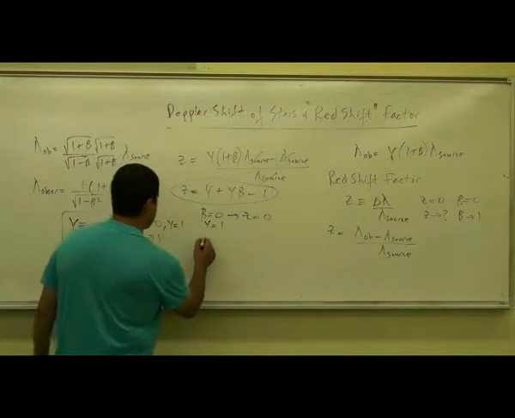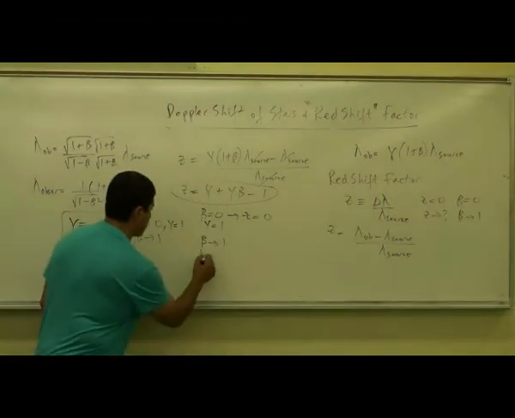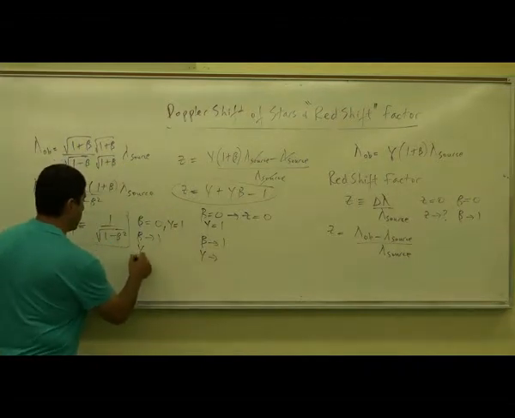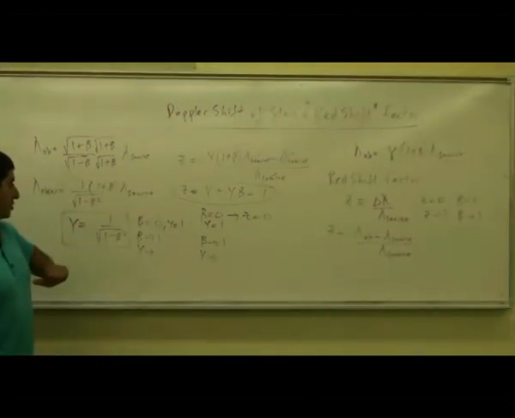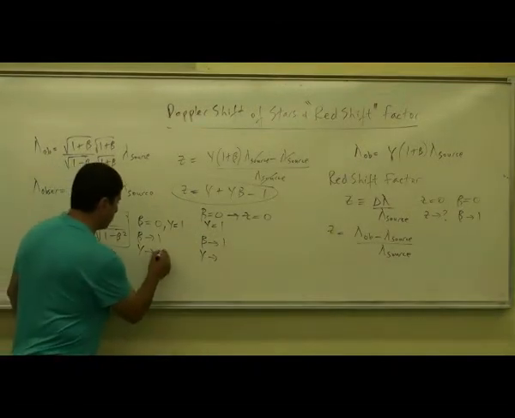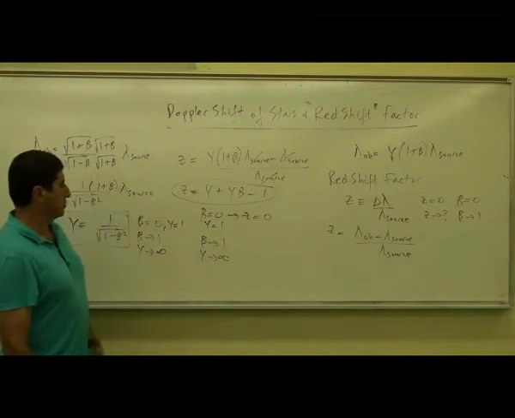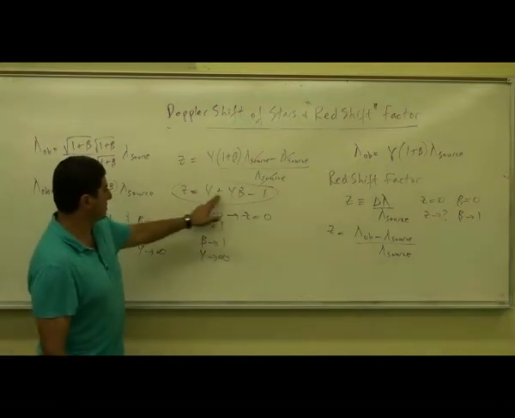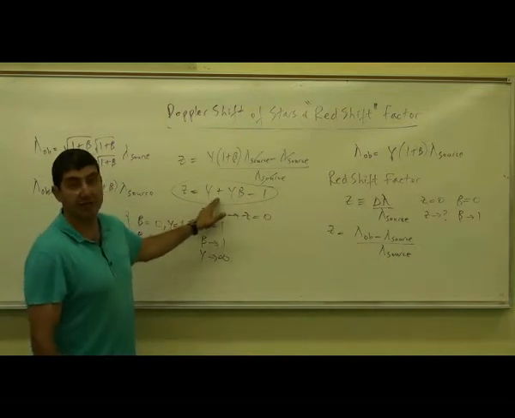Okay, when beta approaches 1, gamma approaches what? Remember I drew the graph? When beta approaches 1, gamma approaches infinity. So then this becomes what? Well, when beta approaches 1, this and this acts almost like 2 gamma, right?